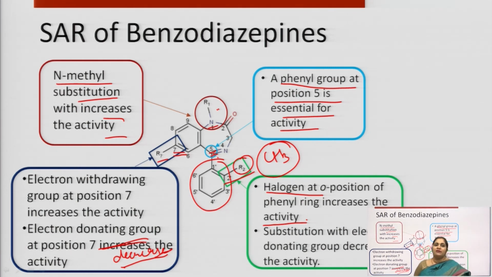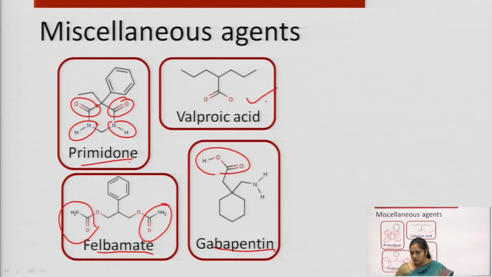Apart from that, we have position number 7. Position number 7 again has the same profile as R2 dash: an electron withdrawing group will serve the purpose and increase the activity. It is not encouraged to substitute position number 7 with an electron donating group, like any alkyl group, CH3 or OH group.